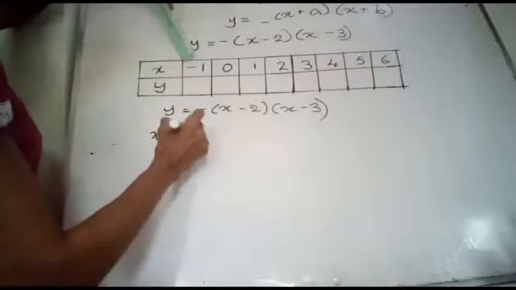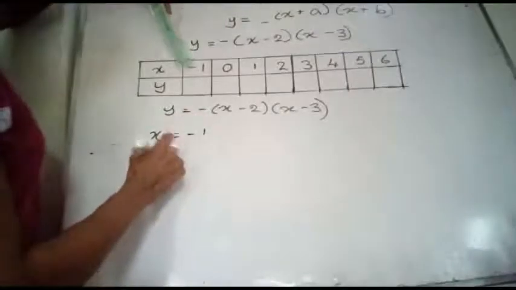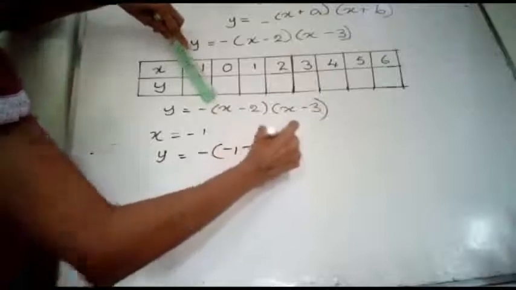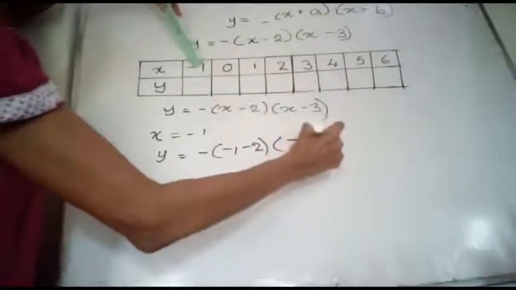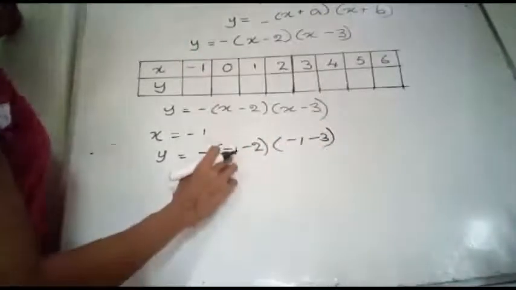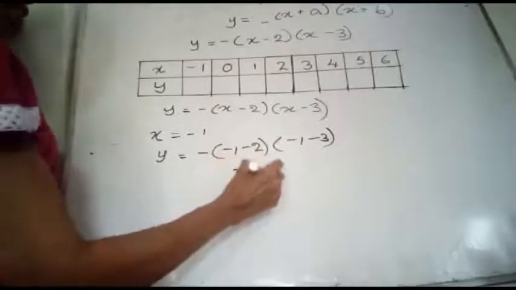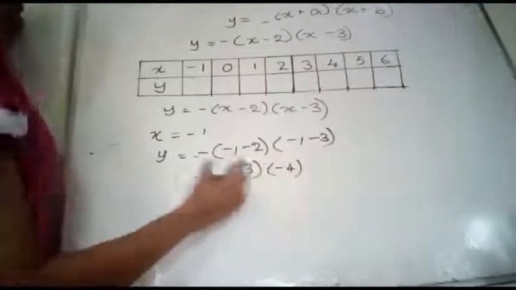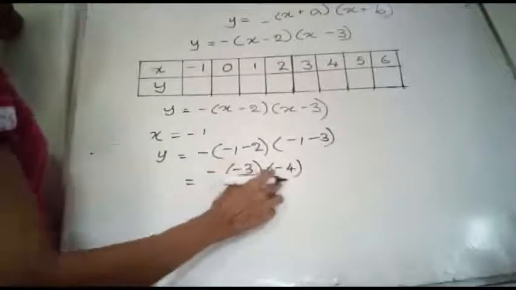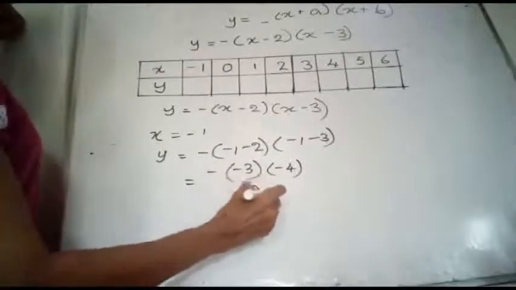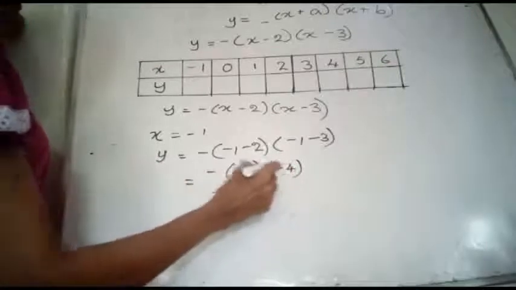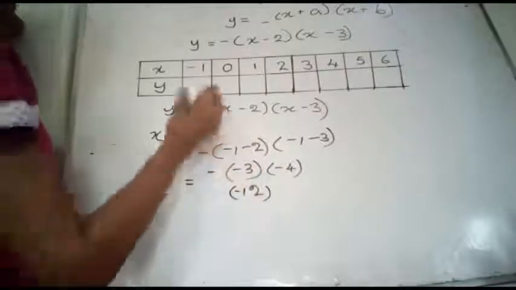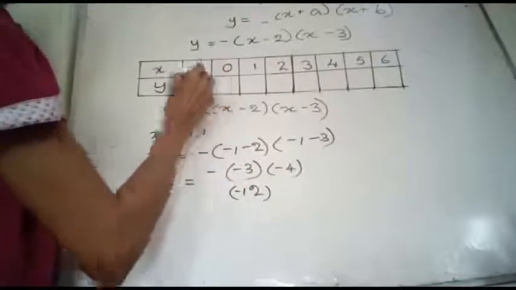When x is equal to negative 1, y equals negative (negative 1 subtract 2)(negative 1 subtract 3), which is negative (negative 3)(negative 4). 3 times 4 is 12, and negative times positive gives negative 12.